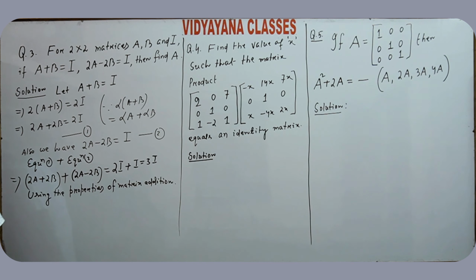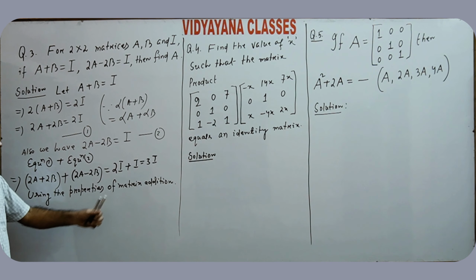Matrix addition is commutative, matrix addition is associative. A plus 0 matrix is equal to A. 0 matrix is called the additive identity. A plus minus A is equal to 0 matrix. Minus A is called the additive inverse of A.